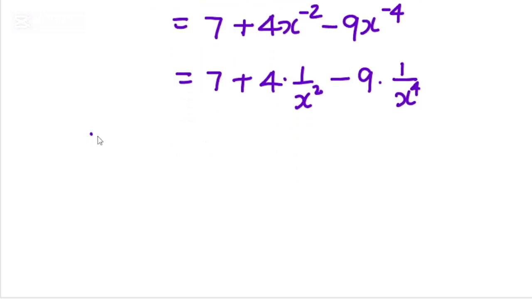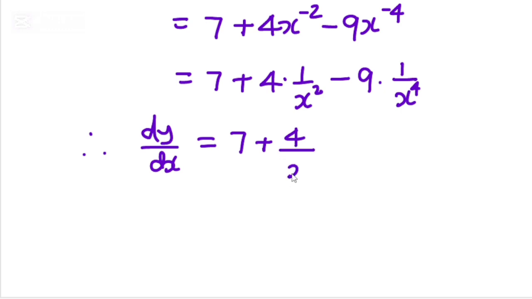So we can conclude and say, therefore, dy over dx is equal to 7 plus 4 times 1 is 4 over x to the 2nd power minus 9 times 1 is 9 over x to the 4th power. So this is the derivative.